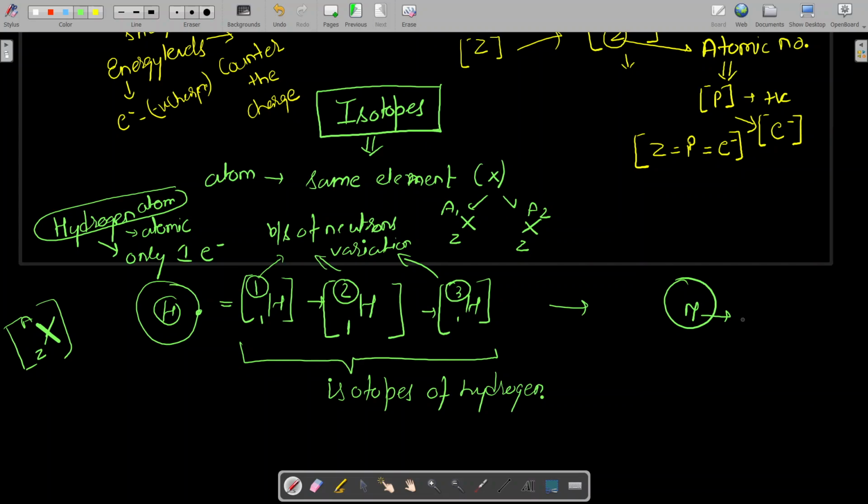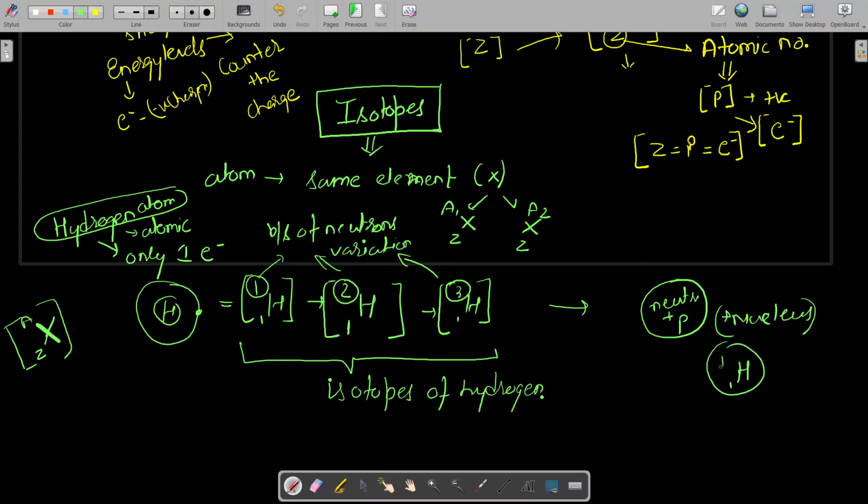This is a nucleus, and this is your neutron. I'm just giving you a very proper idea about this. So just a minute. This is a nucleus and there is a neutron plus proton, and this is your nucleus.